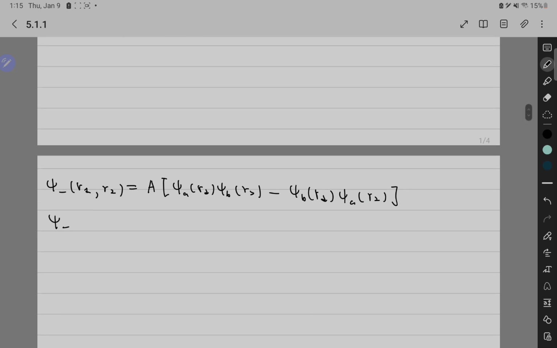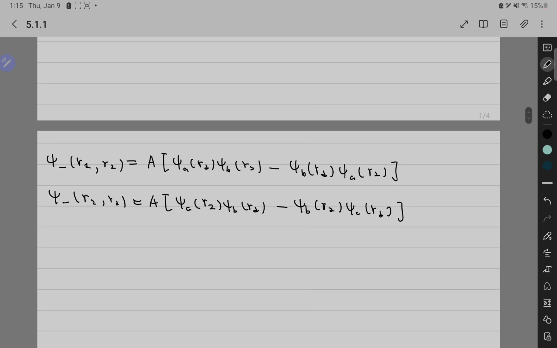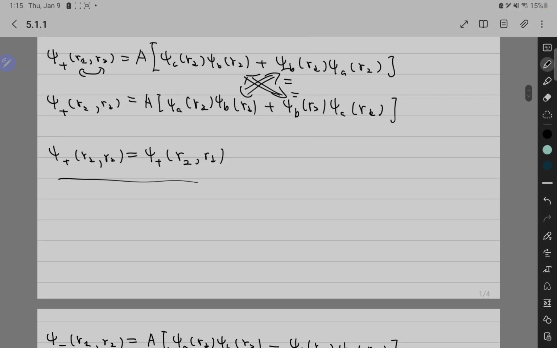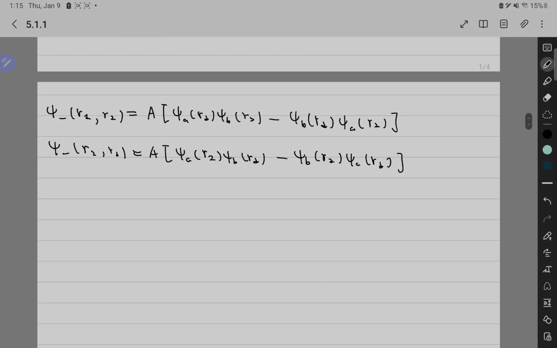And let's look at the case for r2 r1 instead of r1 r2. So r2 r1 is going to be equal to phi a r2 phi b r1 minus phi b r2 phi a r1. If you pause the video right here, you can see that these two are actually not equal to each other, unlike the case for the boson.